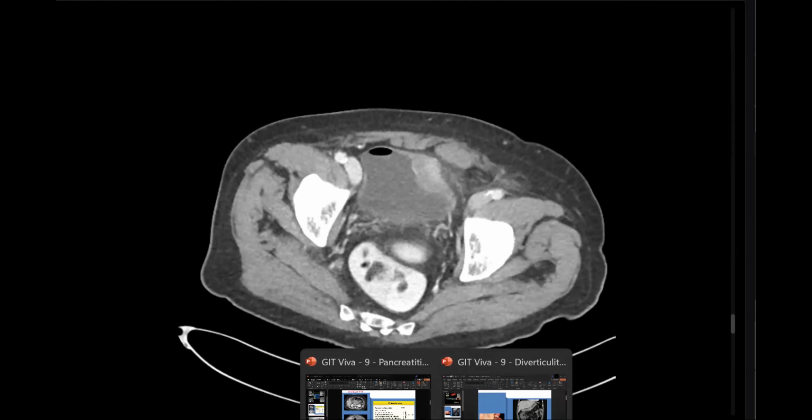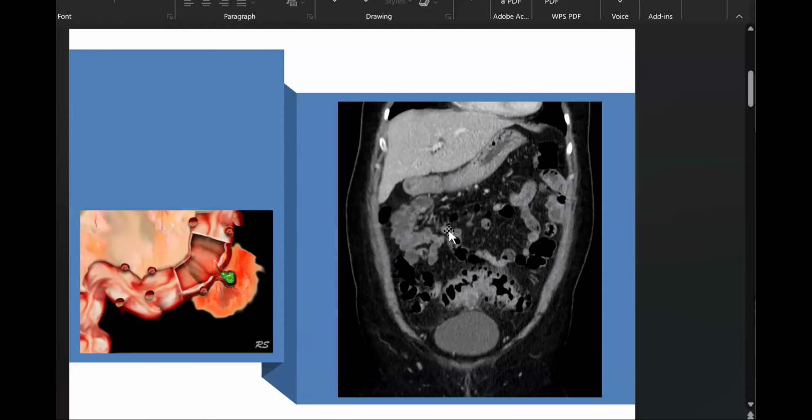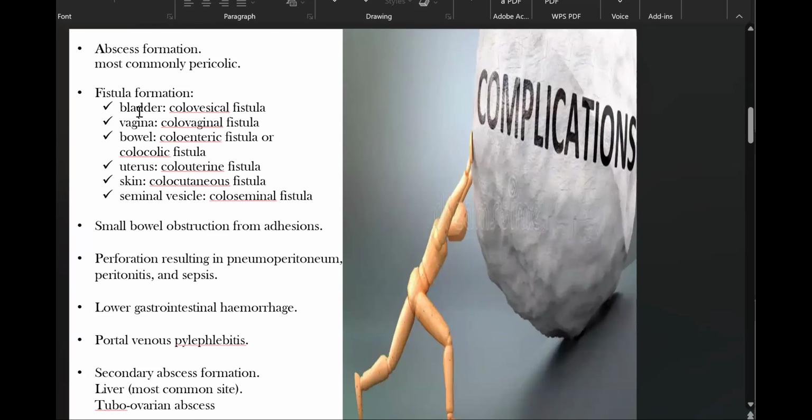So another important topic also in the area of inflammation is diverticulitis. Diverticulitis can complicate locally by pericolic abscess formation, local perforation, or colovesical fistula. By the way, it can form fistula with many organs, but commonly the bladder.